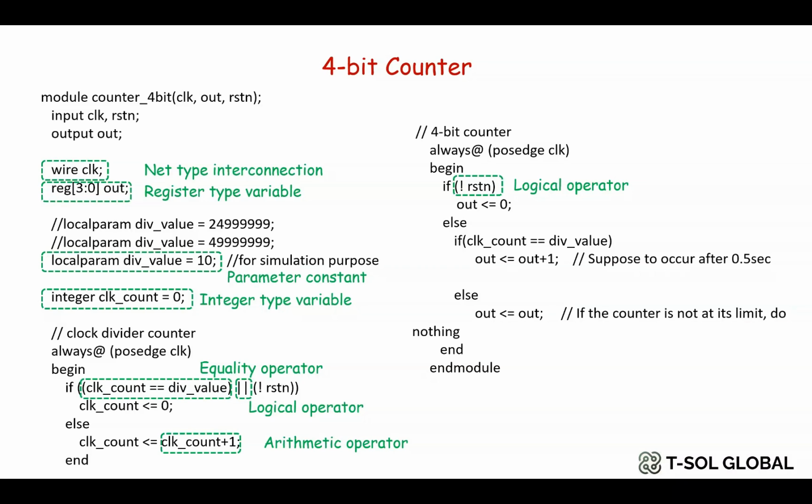That's why we are using this divider, so that the clock will be slowed down and we can see the counting going on. So here the 4-bit counter is very simple. We have a reset, so if you press the reset, then the output will become 0, and otherwise with the clock division, when it reaches our expected clock division value, then the output will increase by 1.